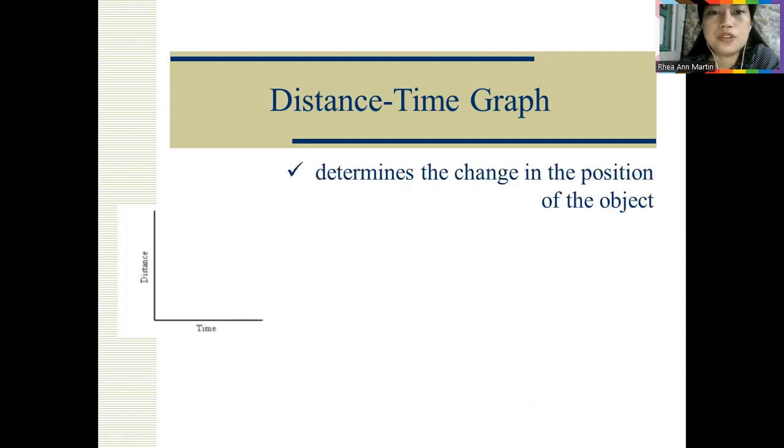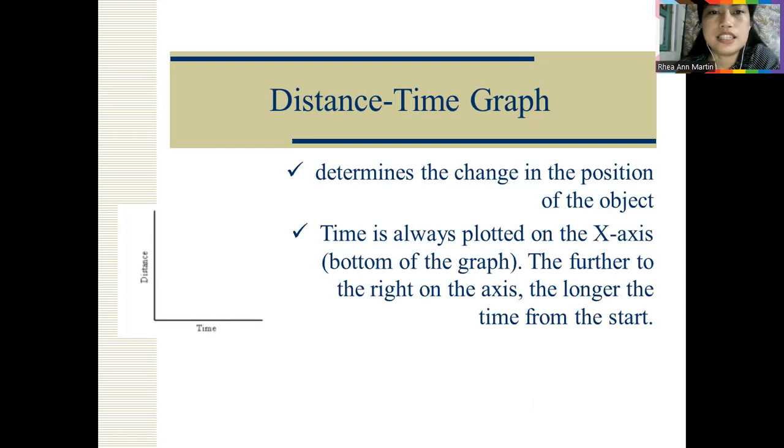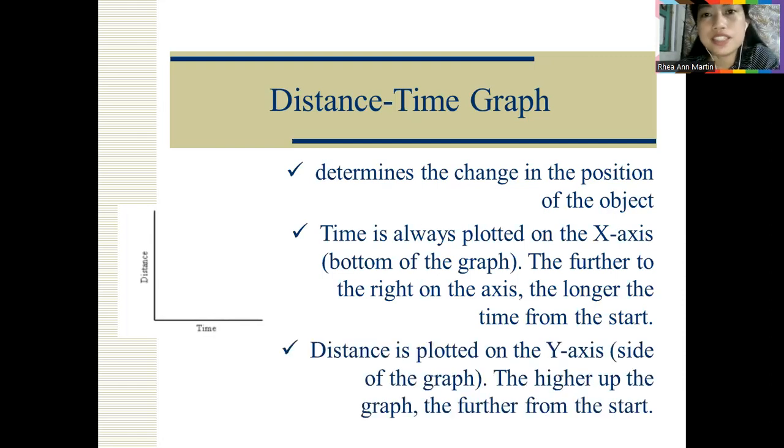So, what is a distance time graph? A distance time graph determines the change in the position of the object. So, we're looking at the change in position of the object. I repeat, pag ginamit ang distance time graph, we're looking at the change in the position of the object.